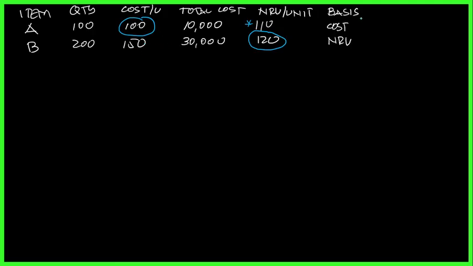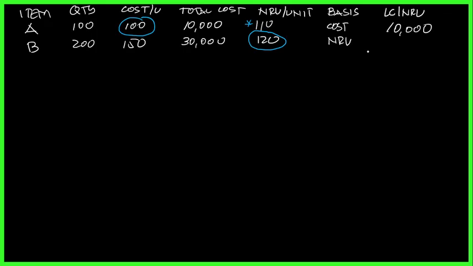So, if that's the case, your lower of cost or net realizable value will now be 100 times 100. Can you now have 10,000?